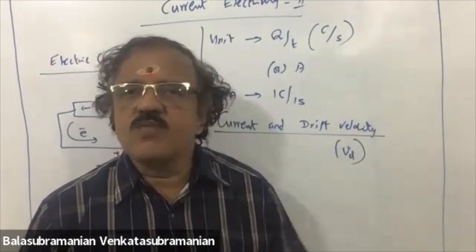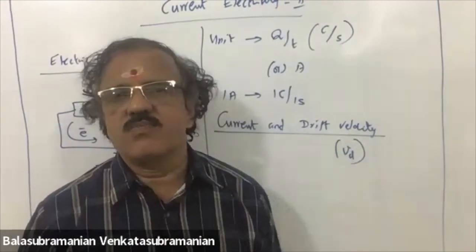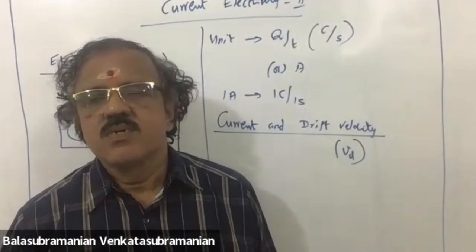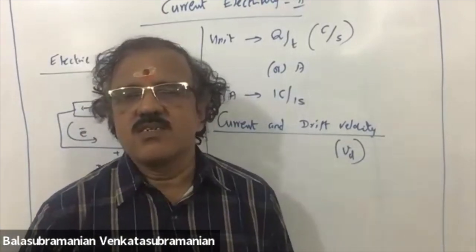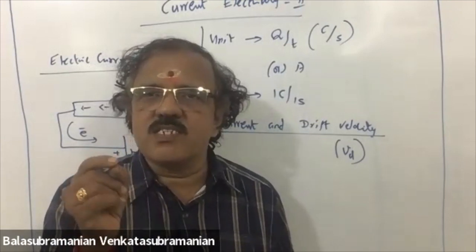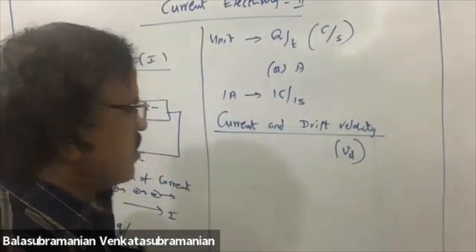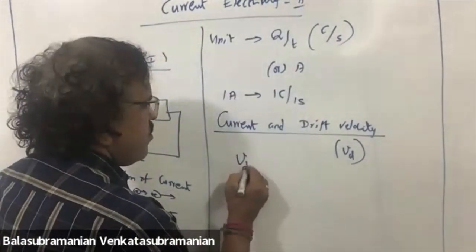Electron possesses its own velocity. In addition to that, it is getting accelerated towards the positive side when external electric field is applied. That word should be there. So that is Vd.